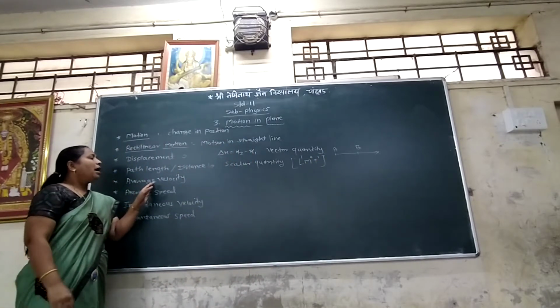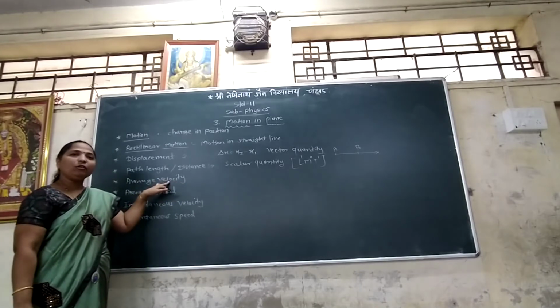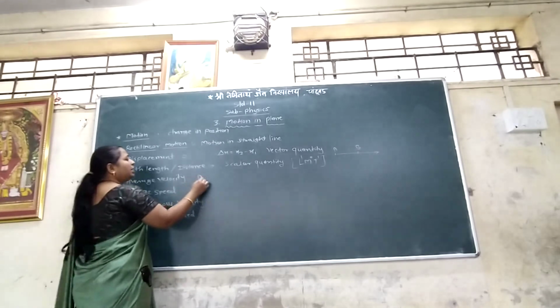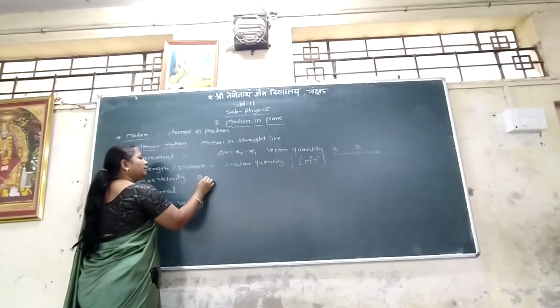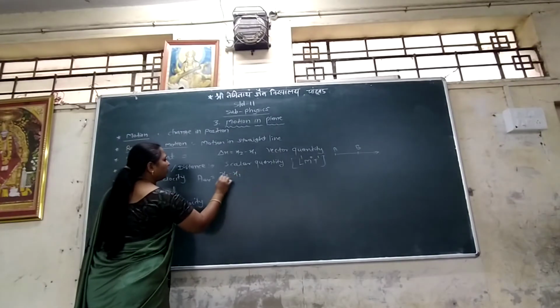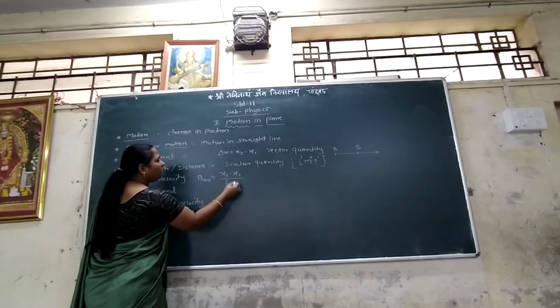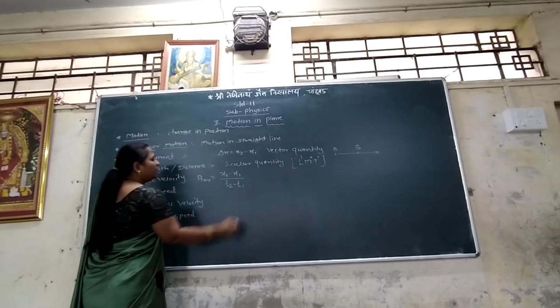Next quantity, average velocity. Velocity is a vector quantity. Average velocity is equal to x2 minus x1, the change in displacement, with respect to the given interval of time t2 minus t1.